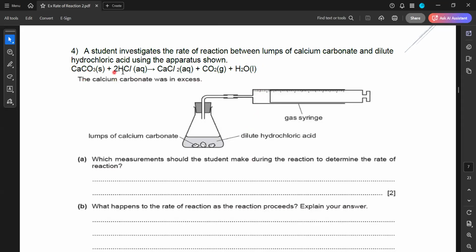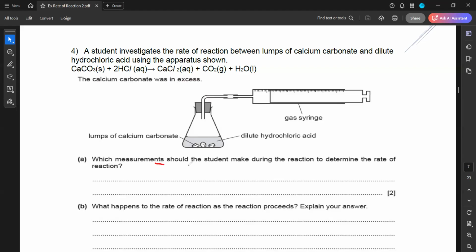Calcium carbonate reacts with hydrochloric acid to give calcium chloride plus carbon dioxide plus water. So carbon dioxide gas is given off, and we collect the gas which is given off here. The calcium carbonate is in excess, more than enough, so it will not be used up. When the reaction finishes, you can still see the calcium carbonate.